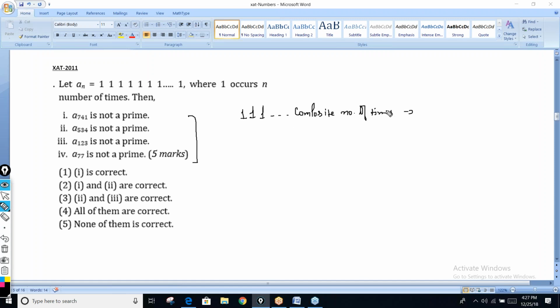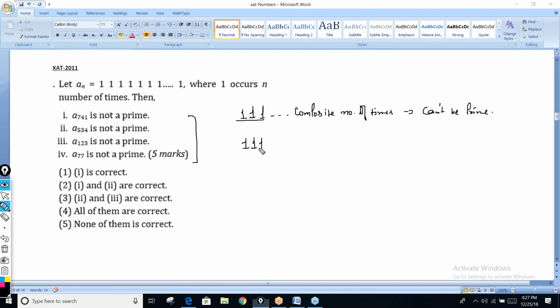Any number written 10 times cannot be prime. Any number written 12 times cannot be prime. And even if it is written a prime number of times, we can definitely not say whether it is prime or not. Look here.